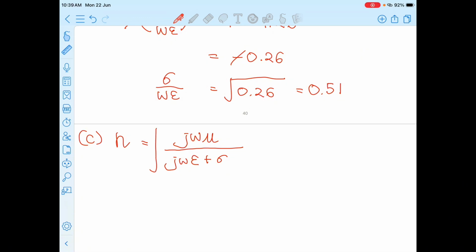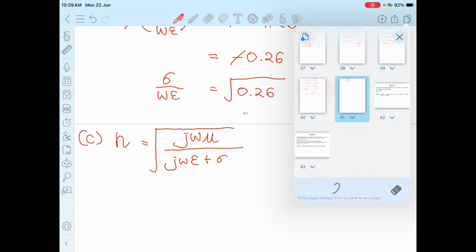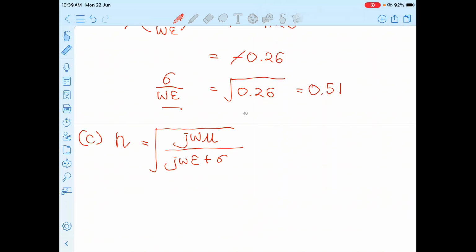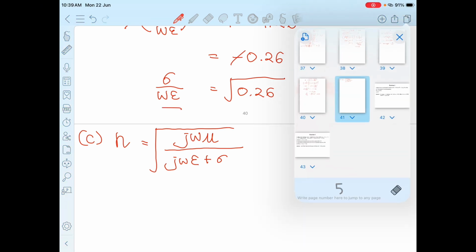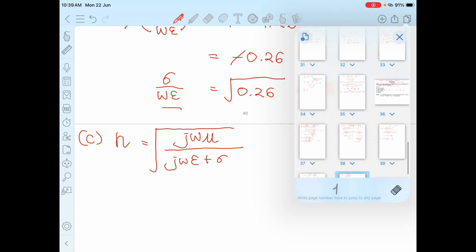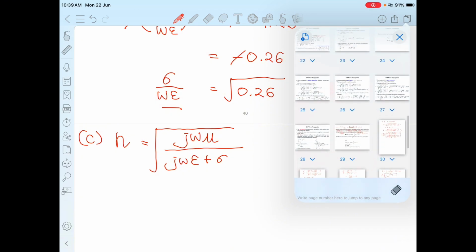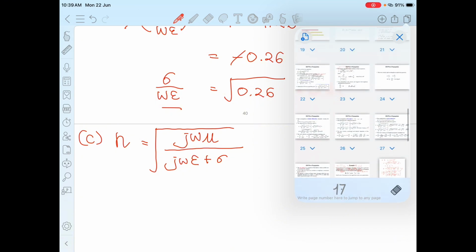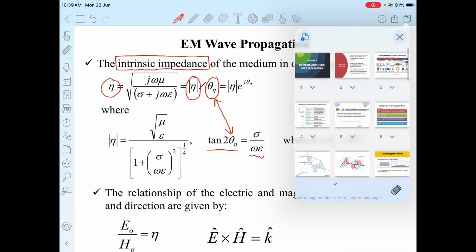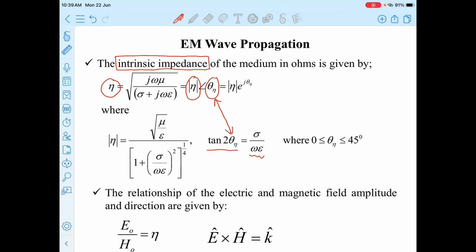Okay, so this is the formulas. Another way is, since we already know the loss tangent, we already know the angle. So we could simplify our calculations by referring to this. We already know the value here, so we can get theta.